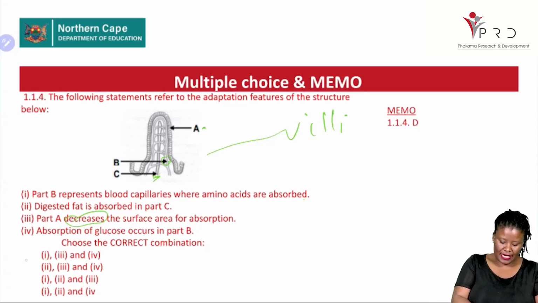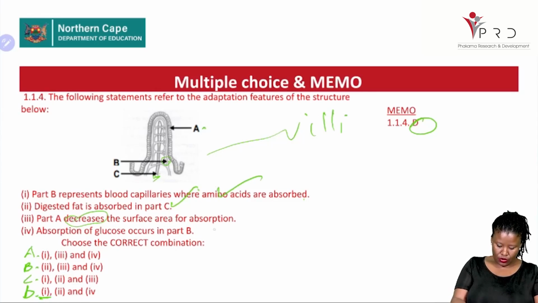There's something missing here, it's supposed to be A, B, C, and D. So when you look at this, the best combination is number 1, which is D: number 1, number 2, and also number 4, because part A does not decrease the surface area, instead it increases it.